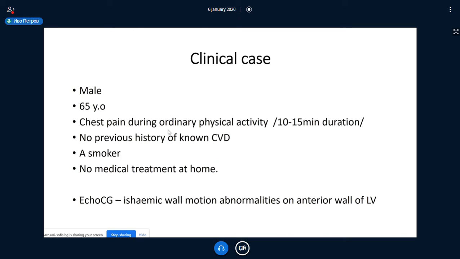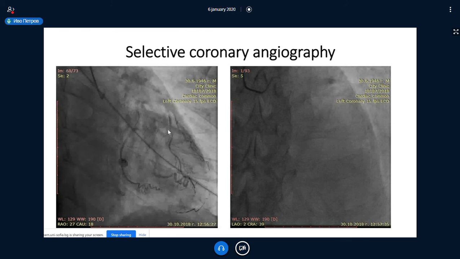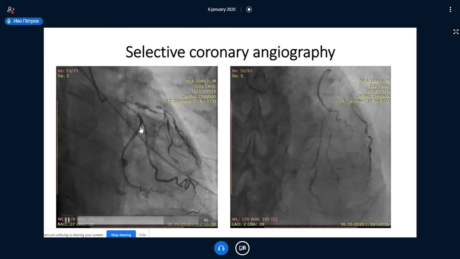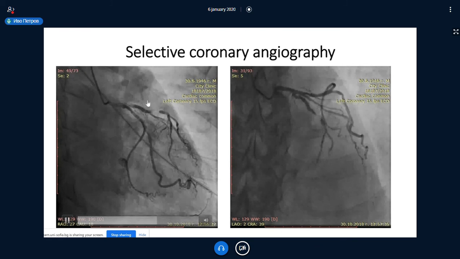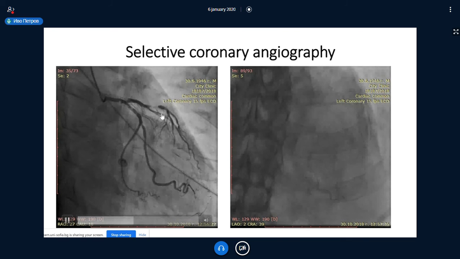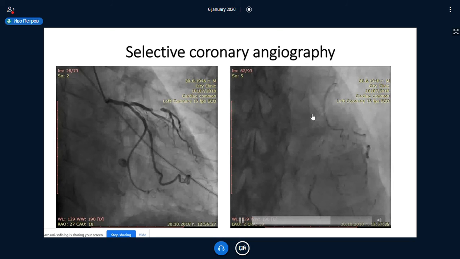During the stress echo, and even at rest, he has wall motion abnormalities. Having these in mind, we performed selective coronary angio, and we saw a critical stenosis, more than 90%, of the left anterior descending artery, shown in 2 projections.